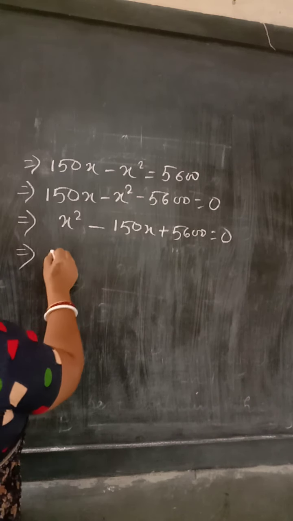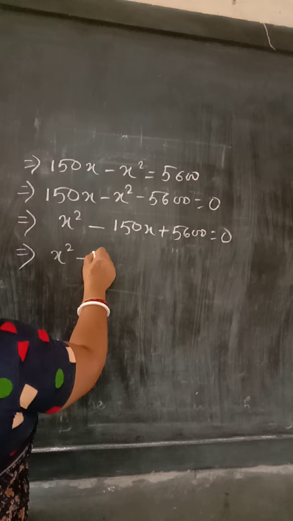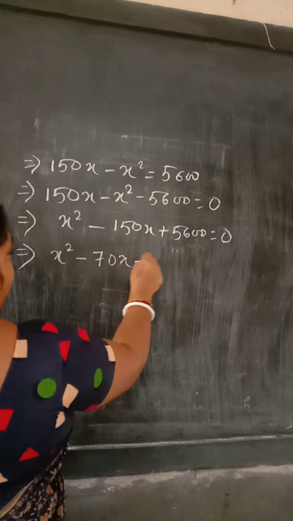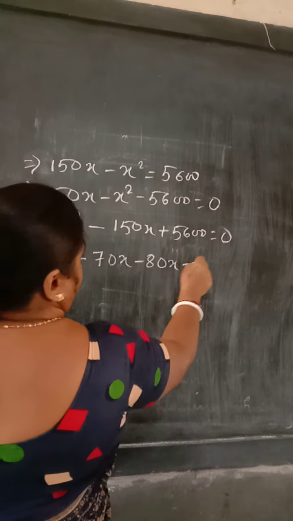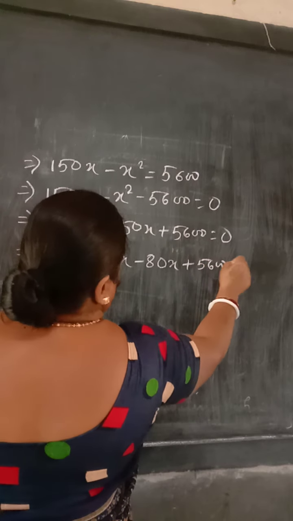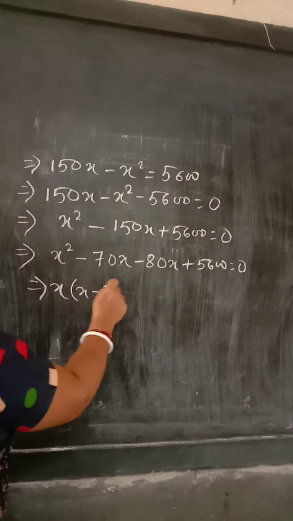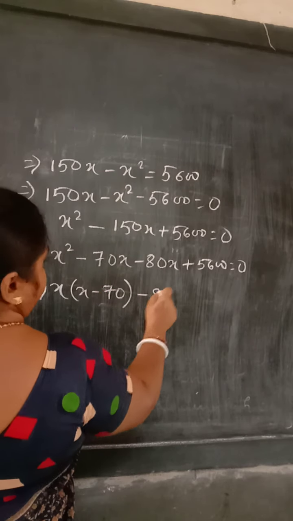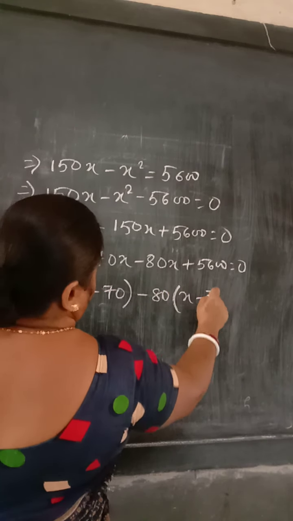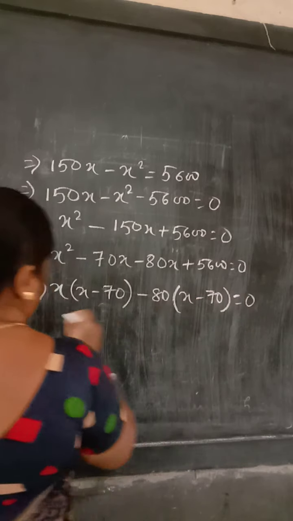Now, we'll break the middle term. x square minus 70x minus 80x plus 5600 is equal to 0. Or x is common, x minus 70; minus 80 is common, x minus 70 is equal to 0.